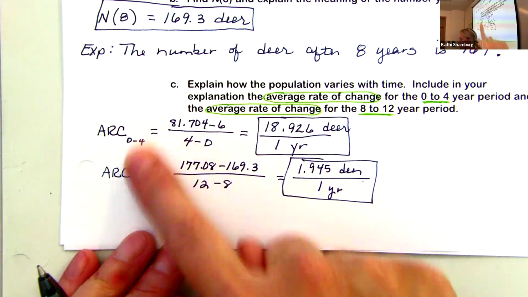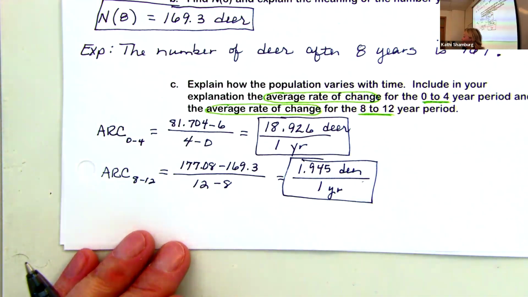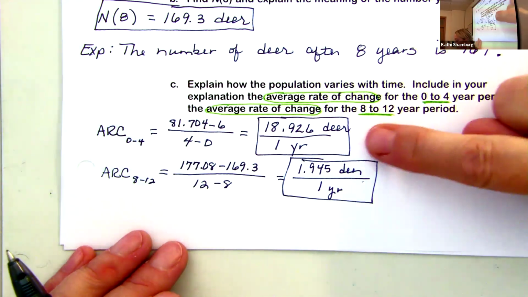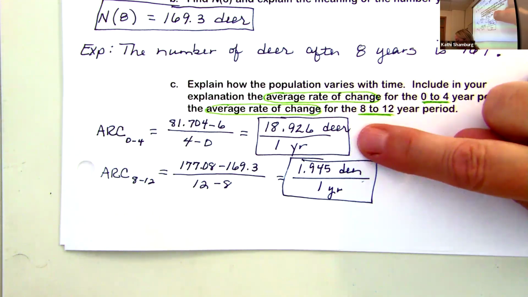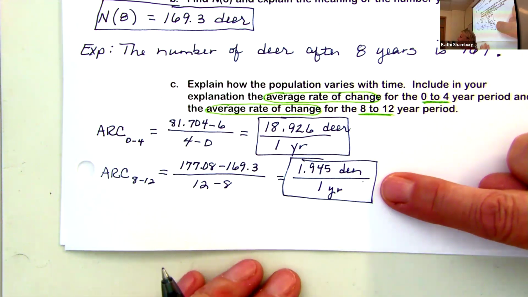This also tells us that since both of these numbers are positive, then we know that the population is increasing. But look how many per year were occurring from years 0 to 4, and look at how many more deer you were increasing per year from 8 to 12. It definitely slowed down, which means it has a decreasing rate.